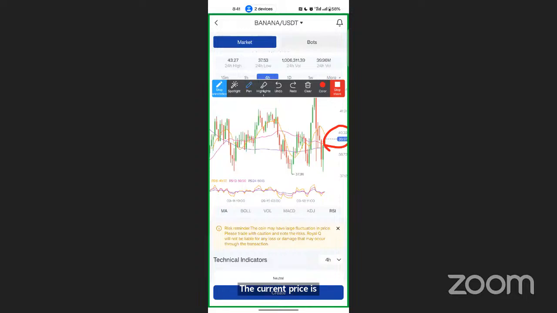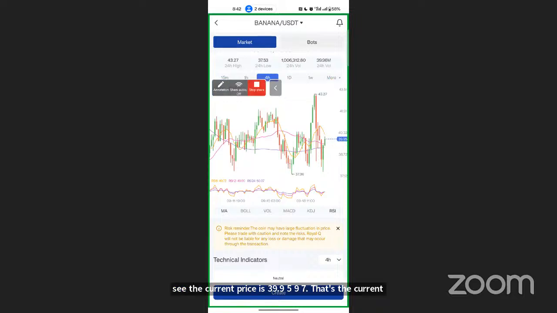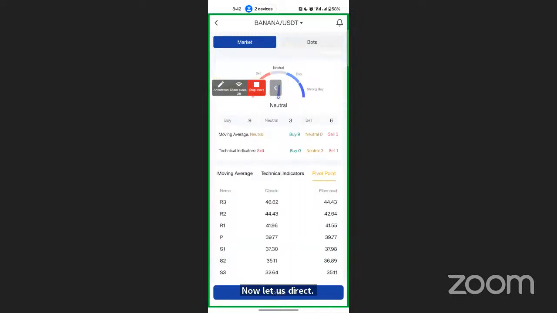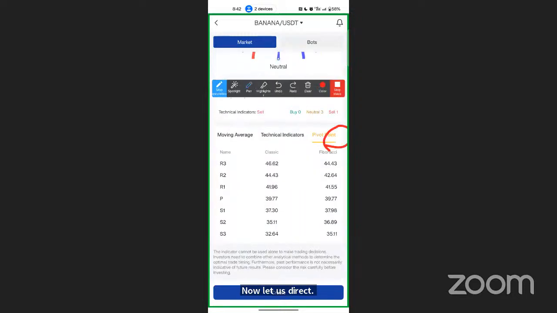Can we see that? Can we see the current price? Let's focus here. Can we see the current price is 39.9597? That's the current price. Now, let us scroll down and come to the pivot point. Now, the price is 39.95. The first thing we need to focus on is the pivot point.